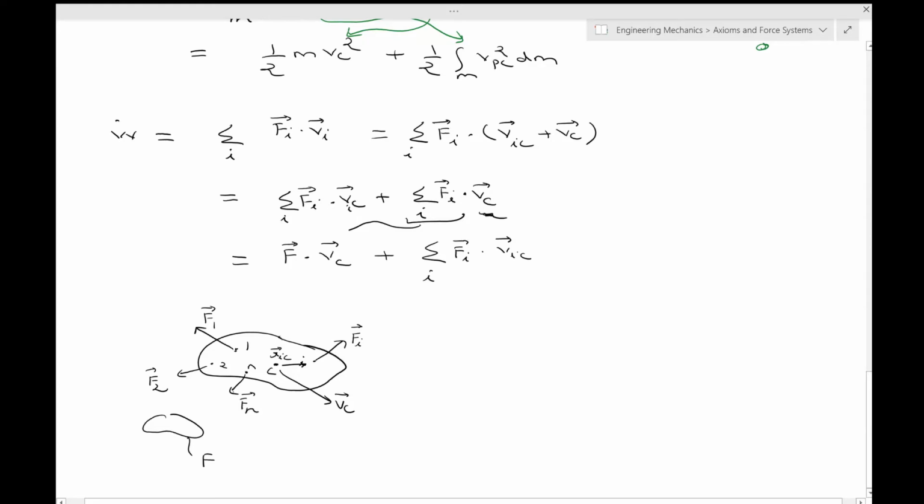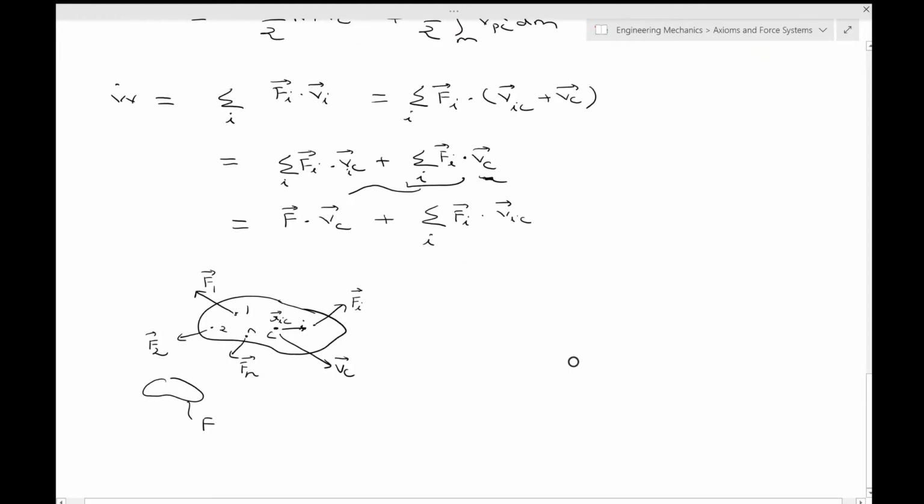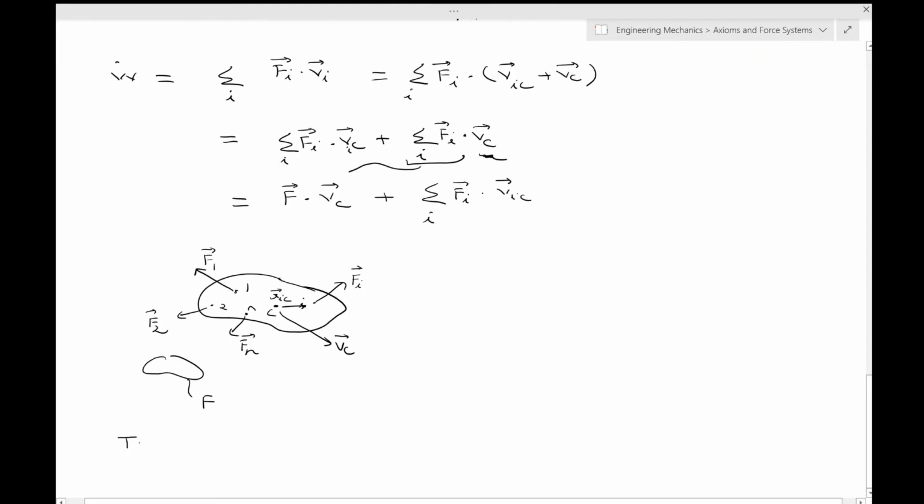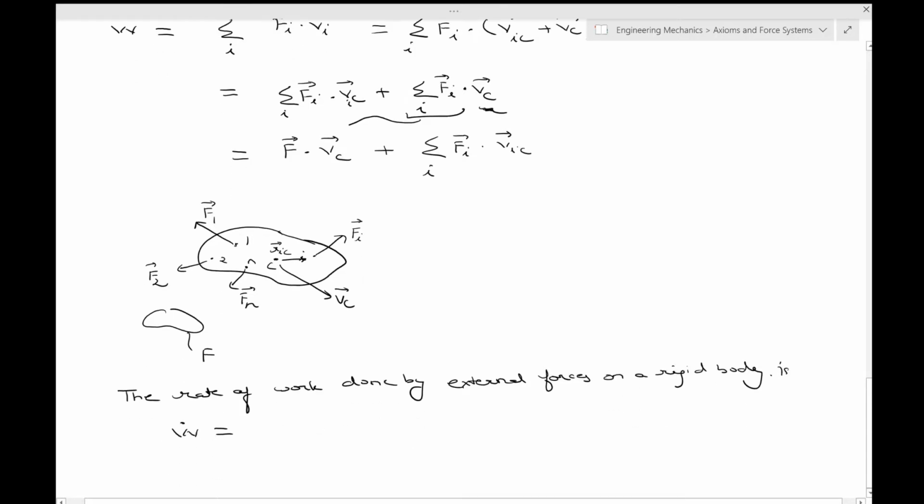Okay, now the rate of work done by external forces on a rigid body, okay, which is shown in this figure, is W dot equal to clearly the sum of Fi dot Vi over all the discrete points.